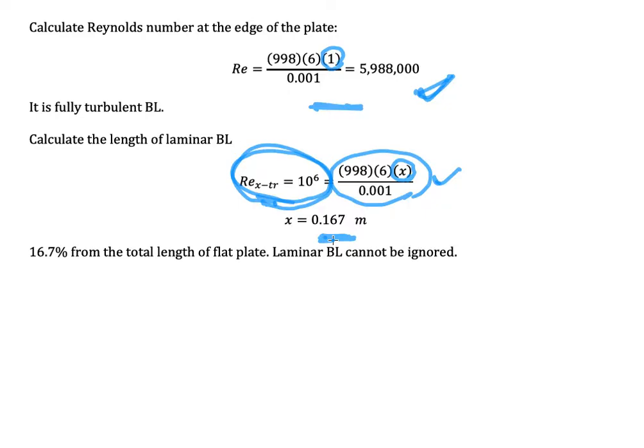With some simple analysis, this 0.167 meter is around 16% of the total length of the flat plate. Because it exceeds 10%, we assume that the effect of the laminar boundary layer cannot be ignored.